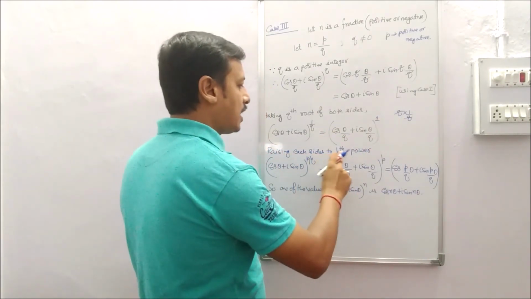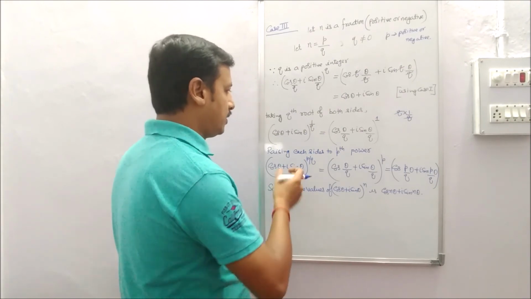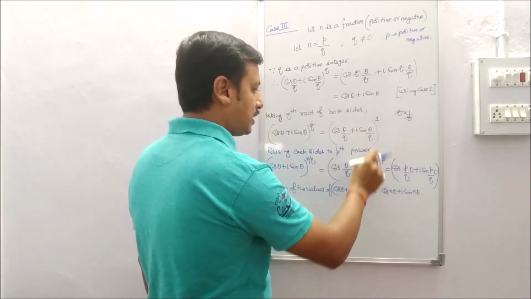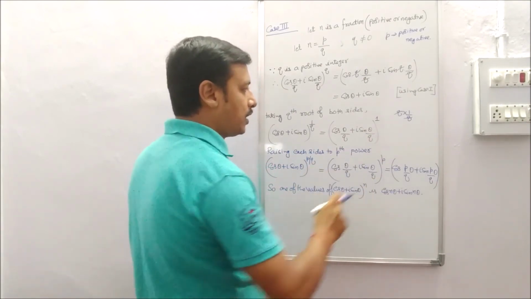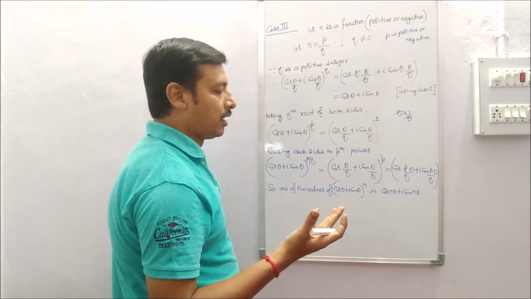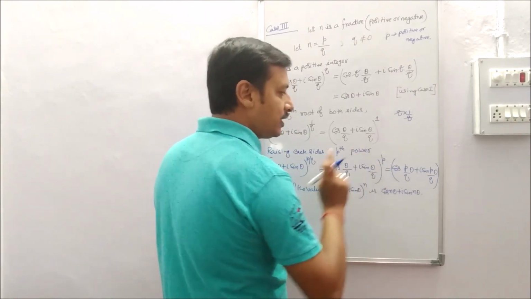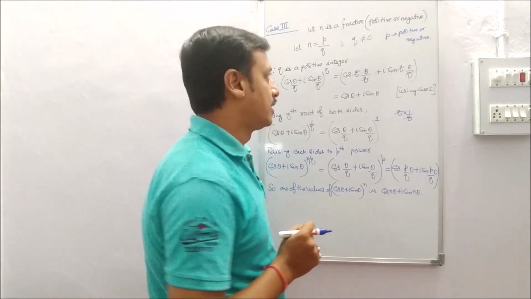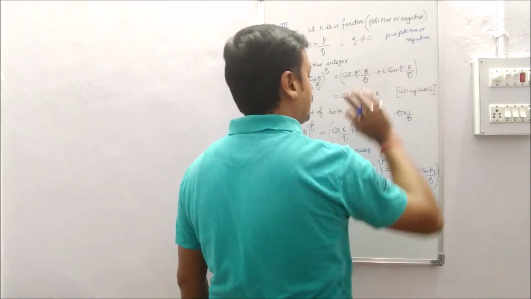Now raising each side to the pth power, we get power p divided by q, (cos theta by q plus i sin theta by q) to the power p. Now using case 1 or case 2, because in case 1 n is a positive integer, and in the second case n is a negative integer. Here p is a positive or negative integer.